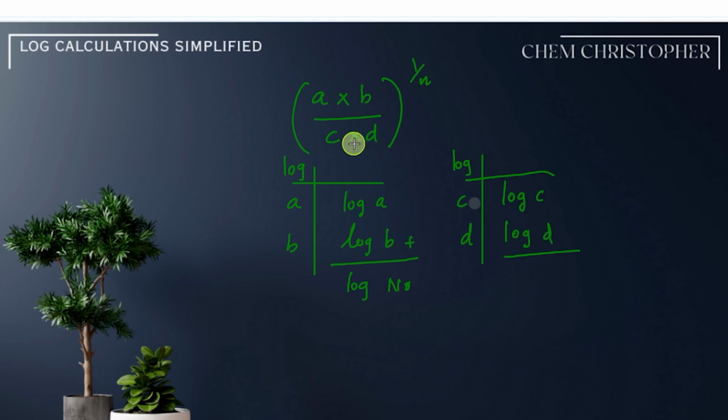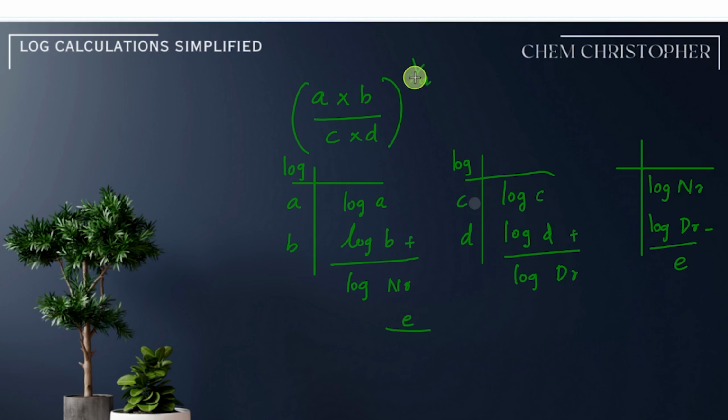If I add it, I'm getting log value of denominator. Got it? So the next step is, as you know, you have log value for numerator and log value for denominator, I have to subtract. Consider the value I'm getting is e.